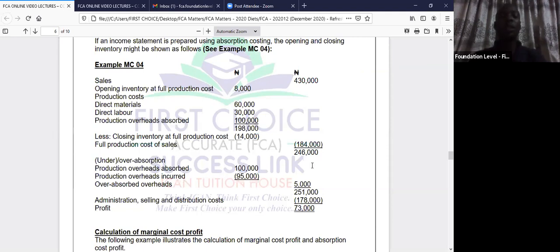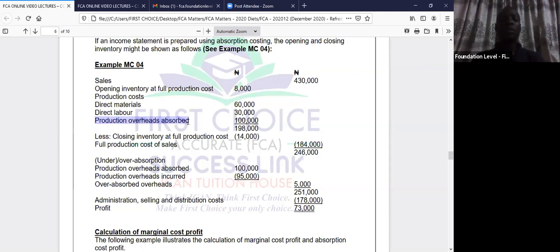All right, all these are assumed figures. Your sales is 430 as usual. Your opening inventory is 8,000. Now this is at full production cost. That means both variable costs and fixed costs are involved. The same thing applies to your closing stock. That's the point I want to make. And look at these production overheads.